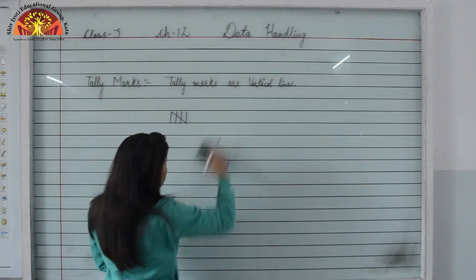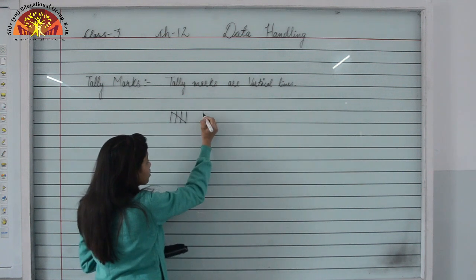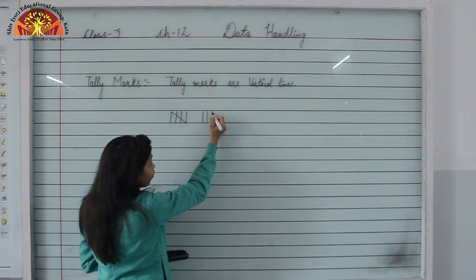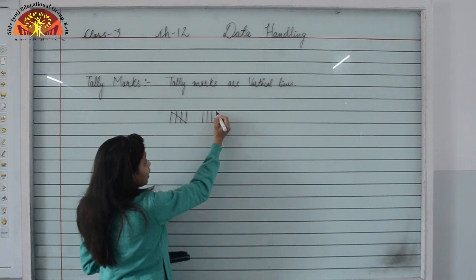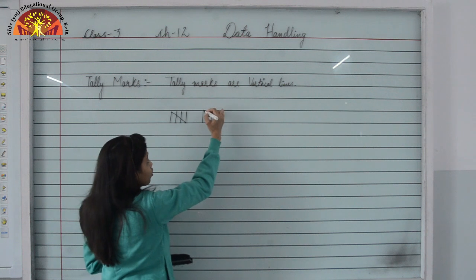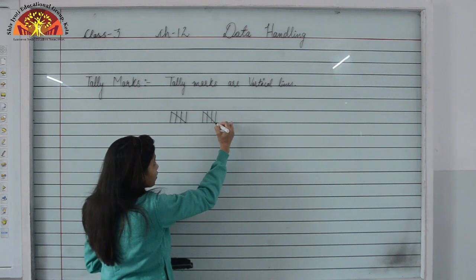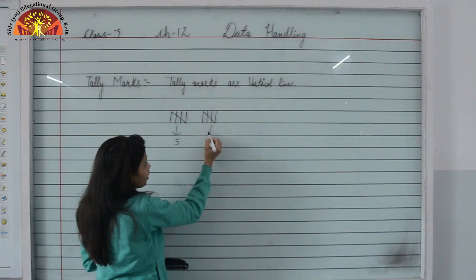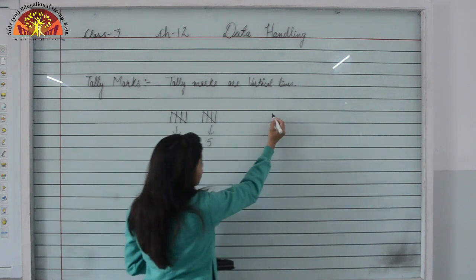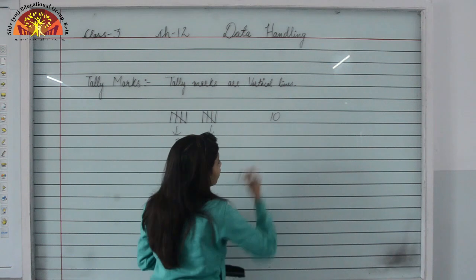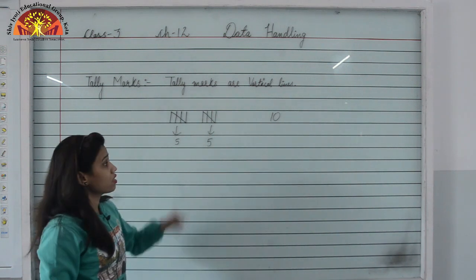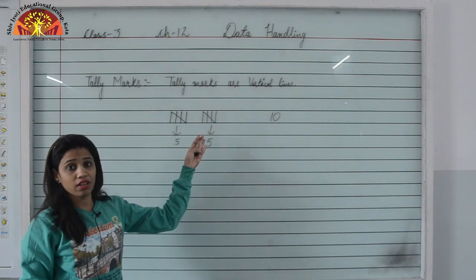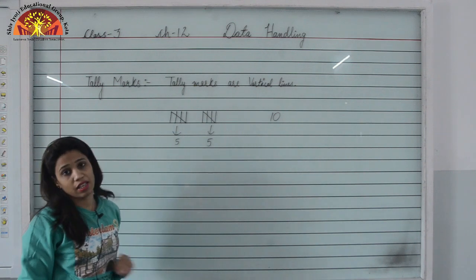We have to give some space and then again draw the 6th observation, the 7th, the 8th, the 9th observation, and again for the 10th observation we are going to cut this. So this represents 5. This is again 5. So the total number of observations will be 10. So this is how you have to represent the data using tally marks.